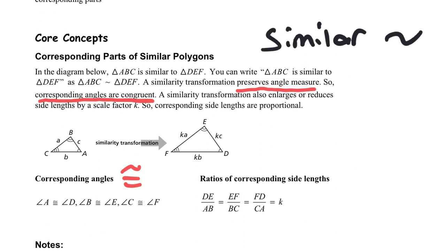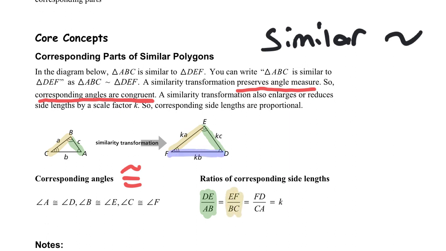So I'm going to quickly highlight something here. If I look at DE, it corresponds with AB. Their ratio is going to be the same as EF's ratio with BC. And then the same thing with that third side.